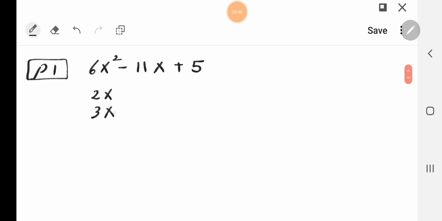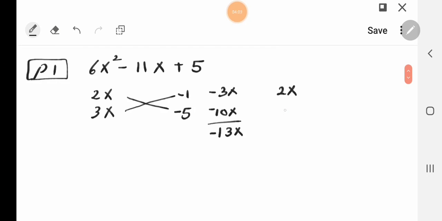So 2x times 3x, then 5 is 1 times 5, and the cross multiply is 3x. This one is 10x. The sum is 13x. Even if you put both negative signs, this is negative 13x. So this is not working. How about switching this 1 and 5? Let's switch 1 and 5.